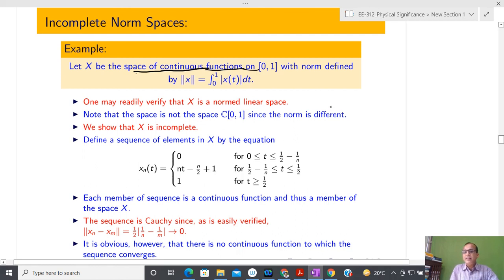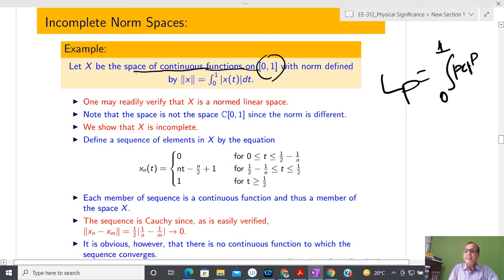We have already seen norms, and we are going to define the Lp norm like this: the integral from 0 to 1, the limits, of |x(t)| to the power p, all raised to 1/p, where x is some kind of vector.